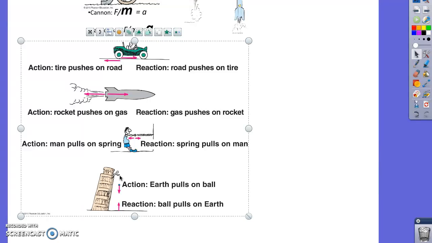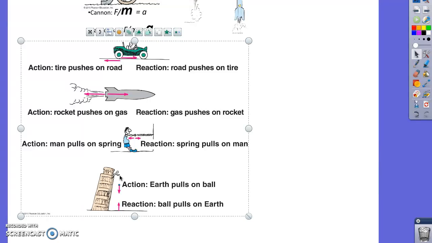Kind of like we talked about the truck and the car hitting. Except this time the earth is a humongous truck, and you are an extremely tiny little thing. It's kind of like a flea or a fly running into an elephant. Okay, yes, the fly would exert an equal force on the elephant.